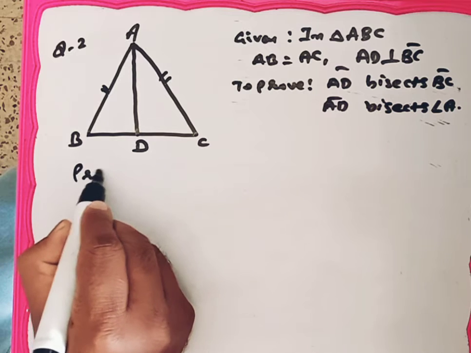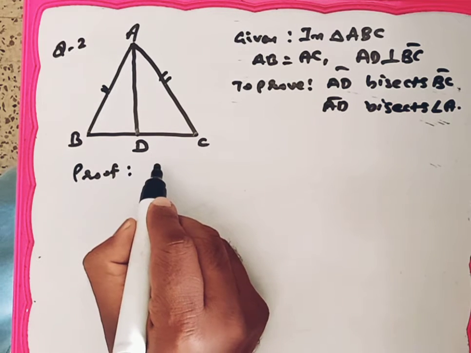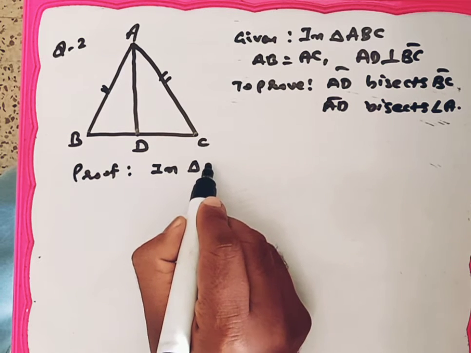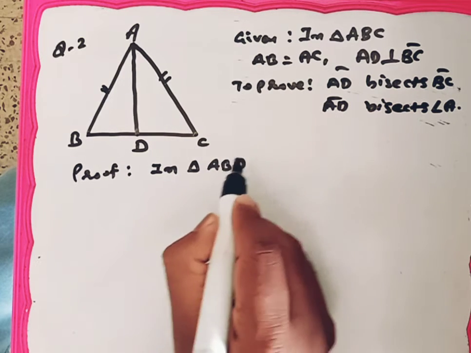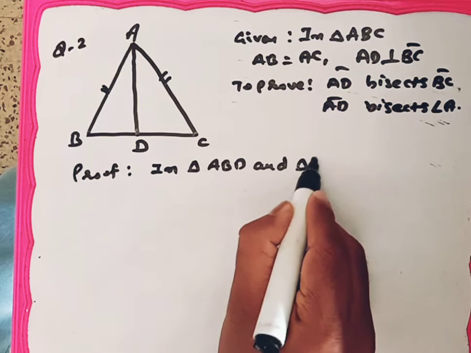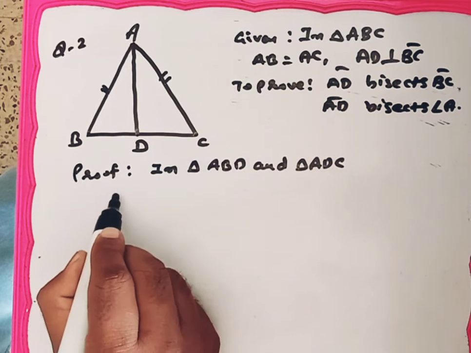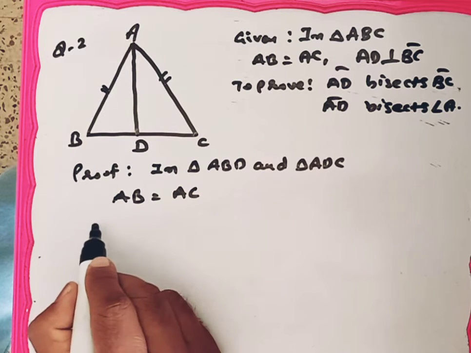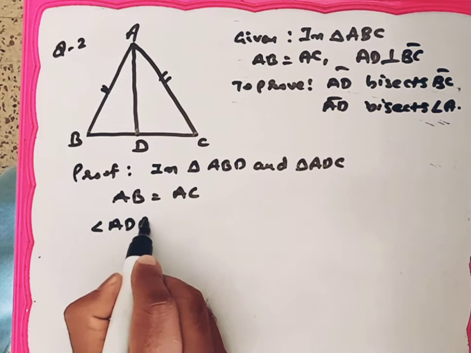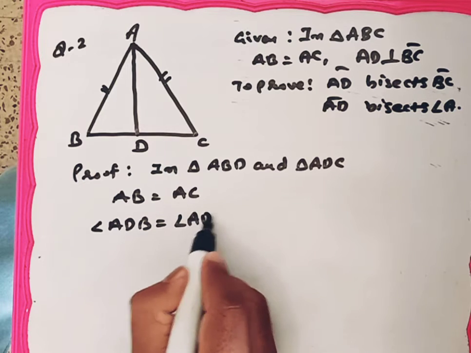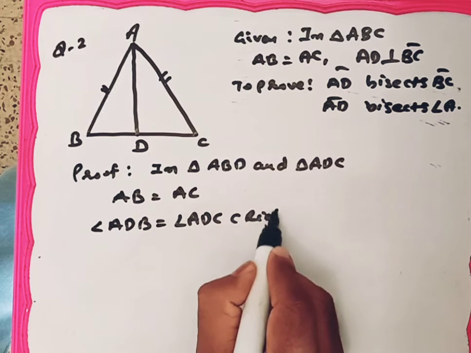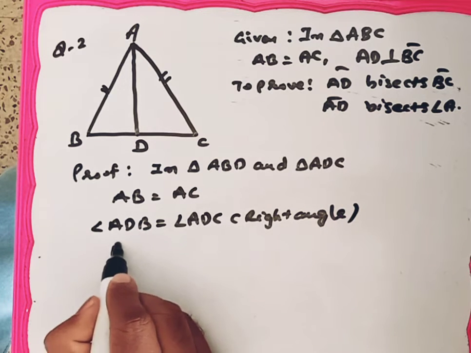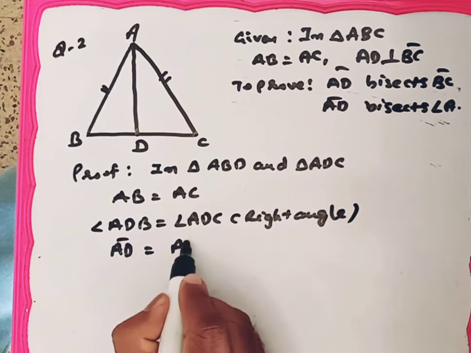So for the proof we can write, in triangle ABD and triangle ADC, AB equals AC, given; angle ADB equals angle ADC, right angle; and AD equals AD.